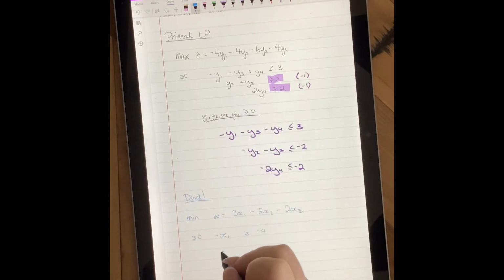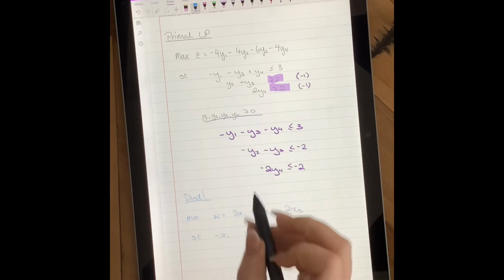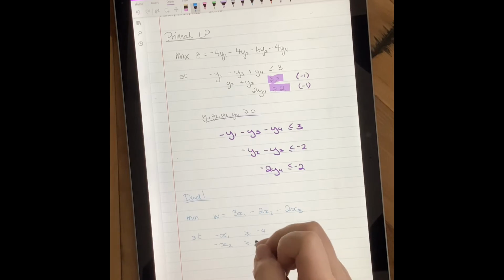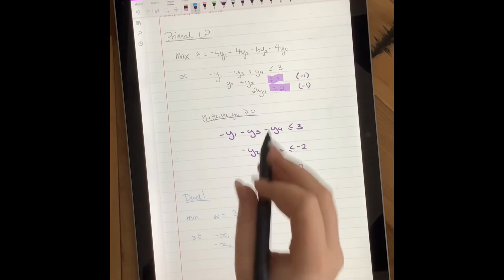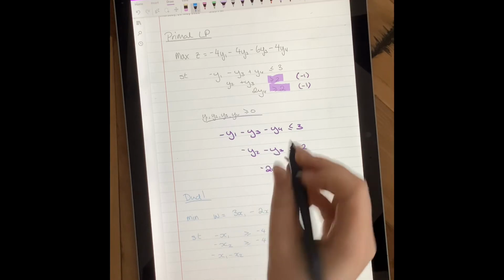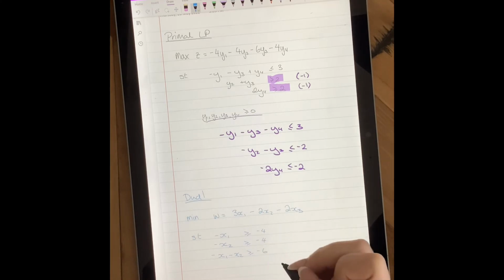This will now be with this one. Because it's in the second constraint, it's now -x2 greater than or equal to -4 as well, because it corresponds to this one. So now we're here, x1 minus x2 from here, greater than or equal to -6.